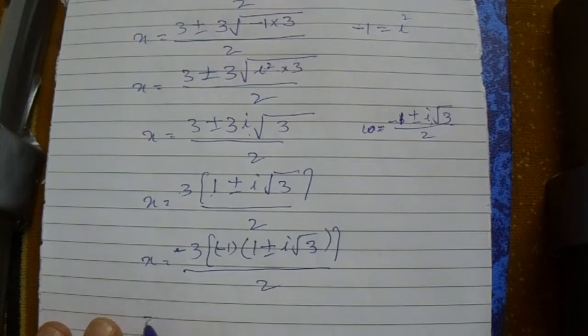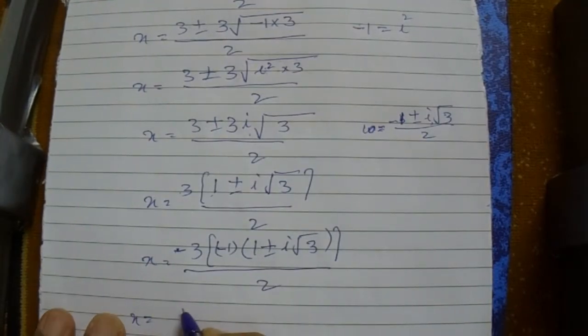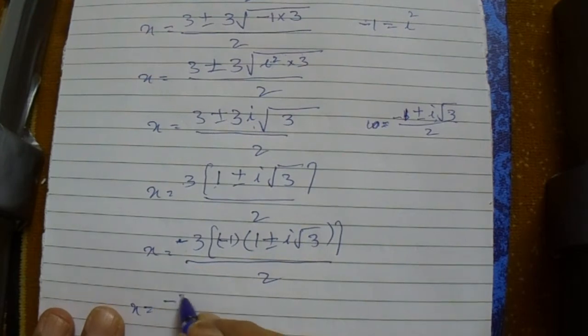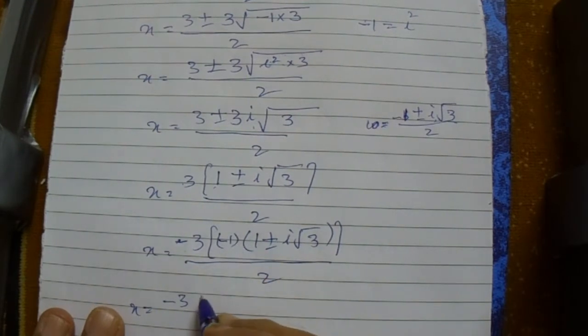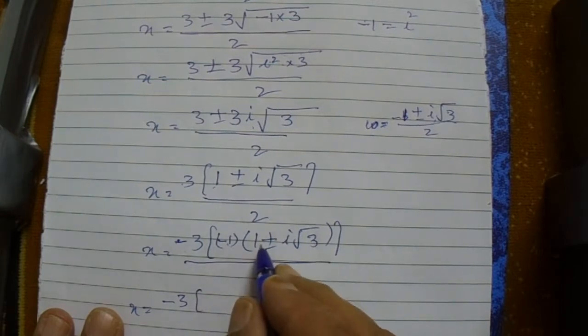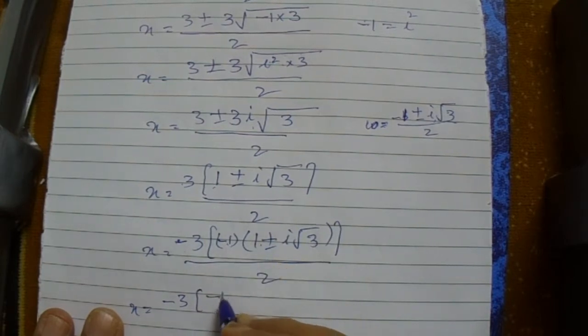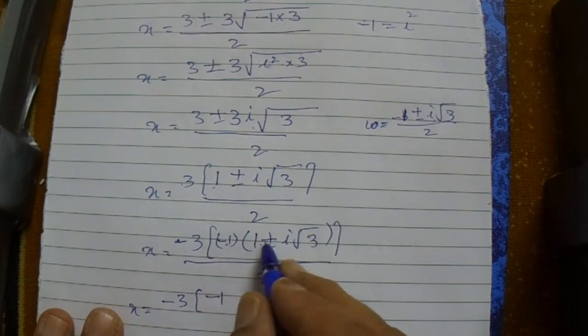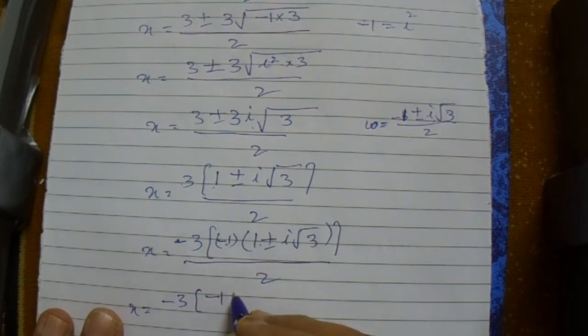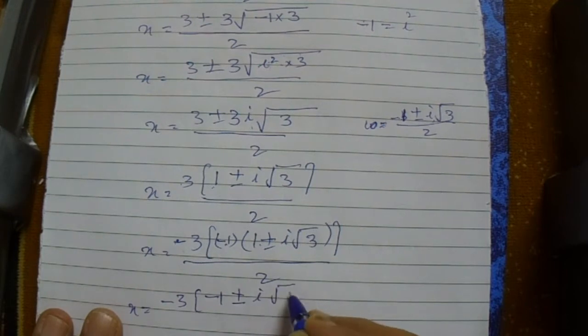Now write here x is equal to this minus, and this minus multiplies this 1, and we write minus, and this minus multiplies this, and we write here plus minus again iota under root 3 over 2.